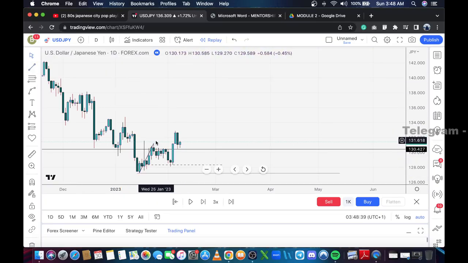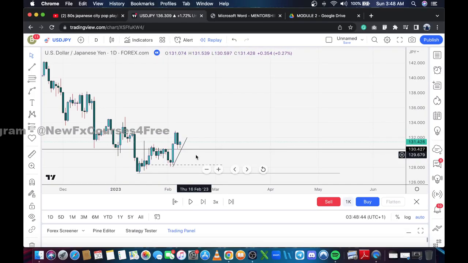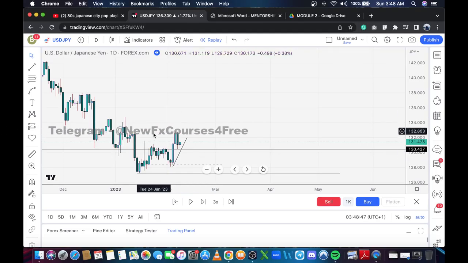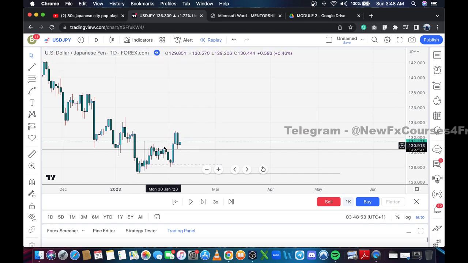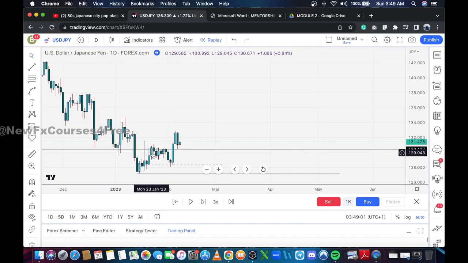From this low to this high. You can see how similar it is, right? And what the market does here is trade down into the last up candle, not this one. This candle is inside the body of this candle. So this is the mitigation block.